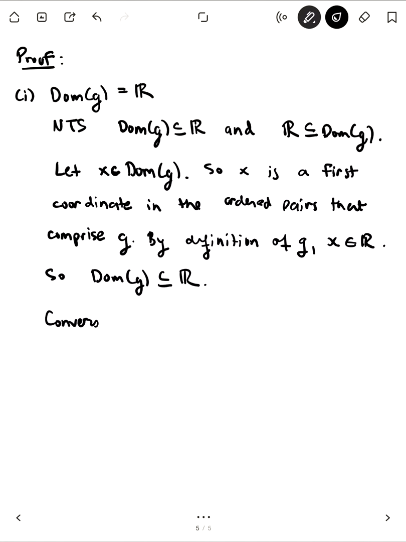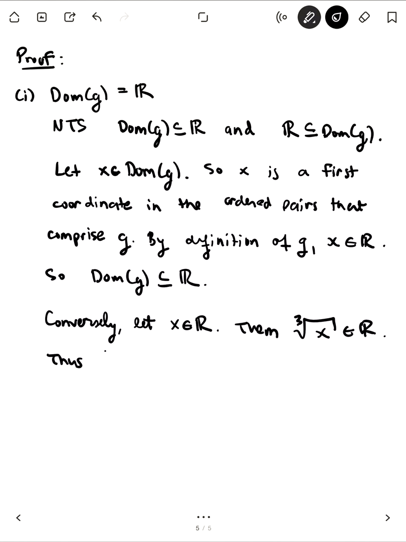Conversely, let x be a real number. Okay? And now we want to show that this is an element of the domain. So note that the cube root of x is also a real number, because we know that cube roots exist for all real numbers.